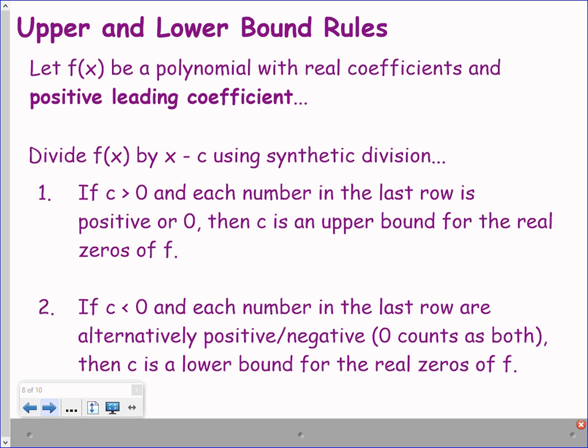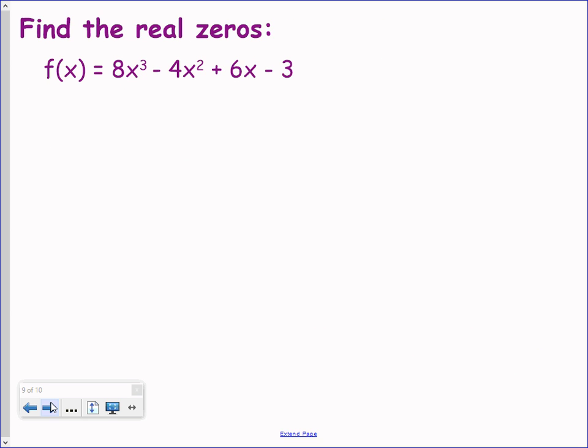The last slide that we're going to look at today is an example, and I'm going to go through the example. I'm going to tell you about my thought process, how I use Descartes and lower and upper bound tests to make my work go more smooth. Okay. So the example that we're going to look at, so kindly pointed out to me by a student in first hour, we could factor by grouping.